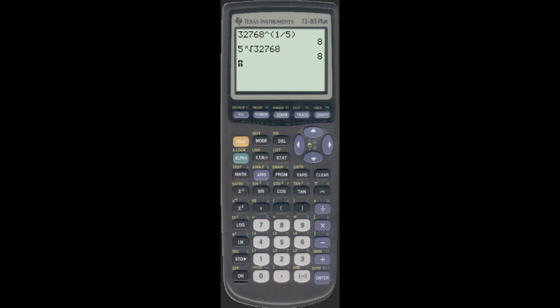So you just put in 25 to the power of negative 1/3, all in parentheses. Oh wait, how do you do fractions in this? Do you want me to share my calculator screen again for this one? Yes. I don't think I've ever had to do fractions on this type of calculator.